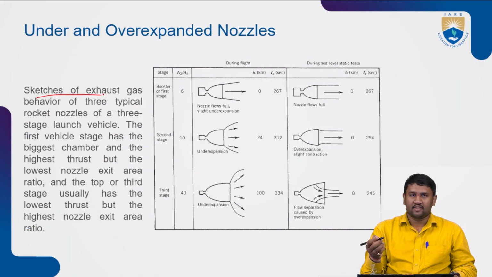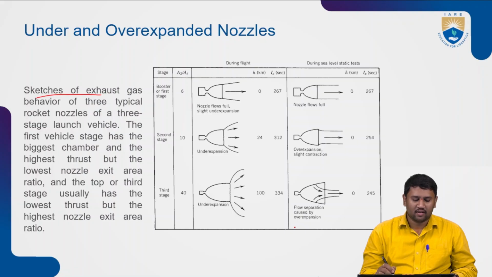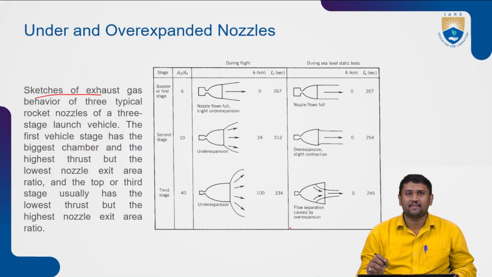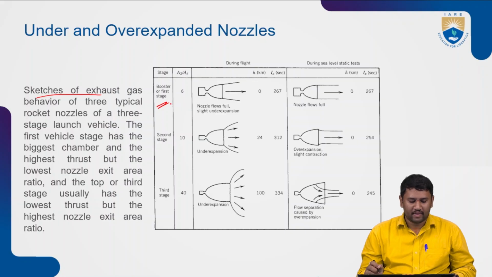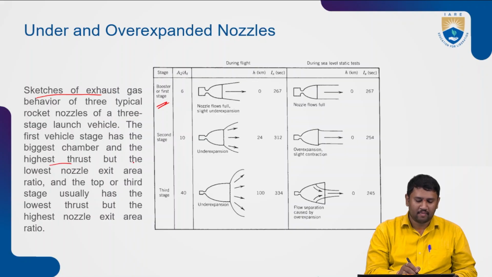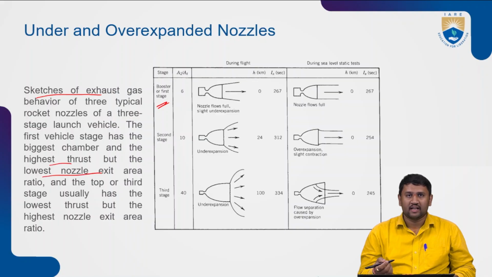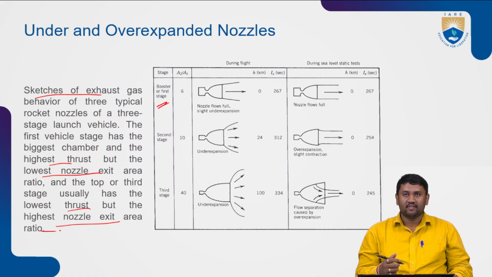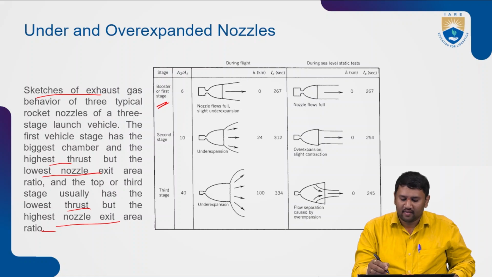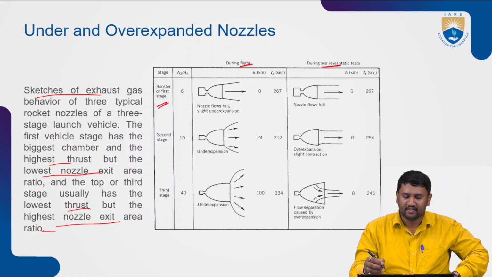Let us see a small figure. These are sketches of the gas behavior of three typical types of nozzles of three launch vehicle stages. The first stage has the biggest chamber and the highest thrust, but the lowest nozzle exit area. The top stage, or the third stage, usually has the lowest thrust but the highest nozzle exit area. We will see the conditions during sea level and during flight.